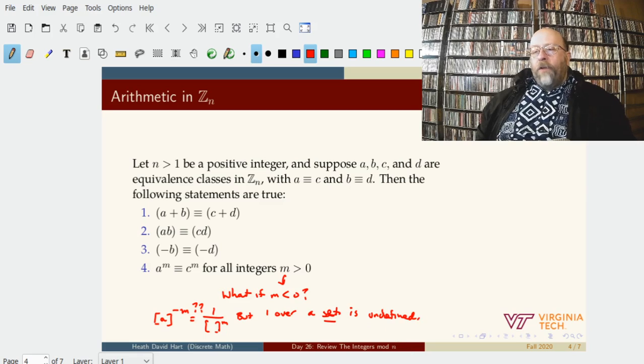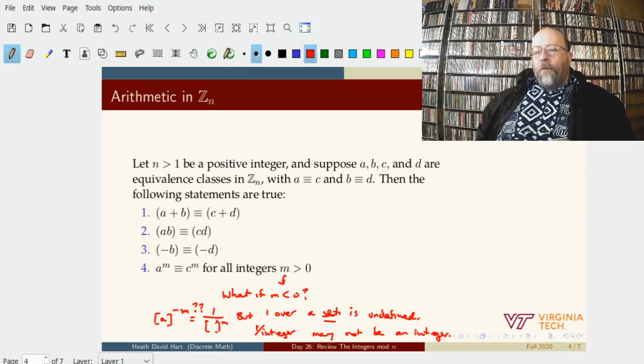And even if we look at the numbers in the set, 1 over an integer may not be an integer. So if we're dividing 1 by the set, dividing by the set is undefined.